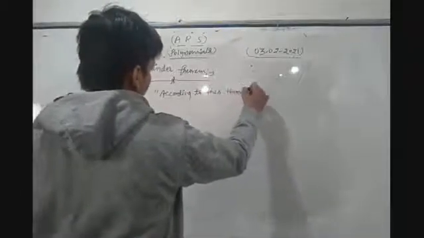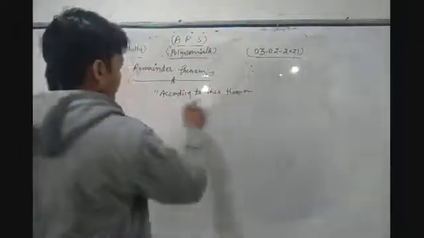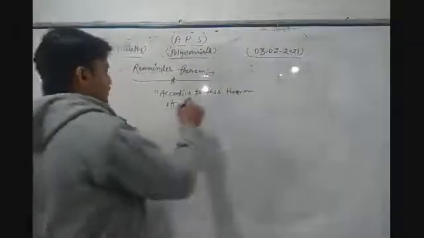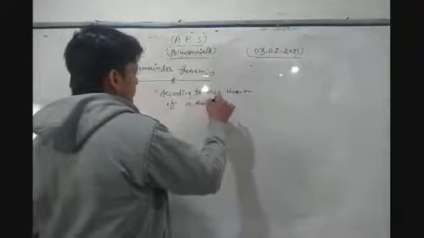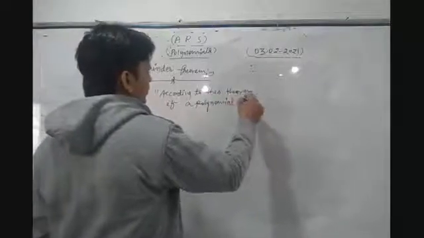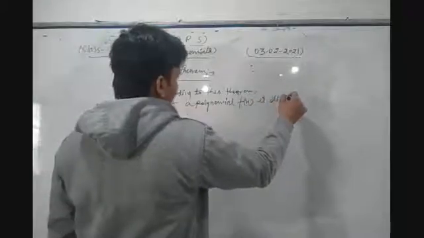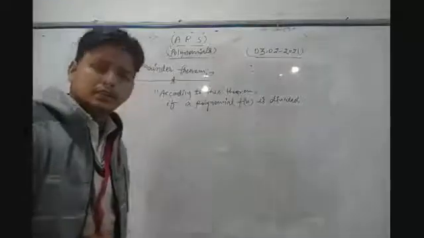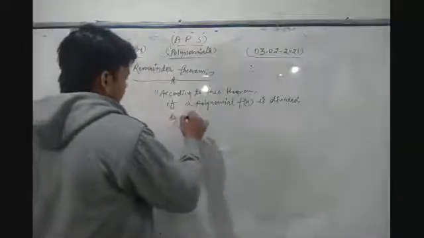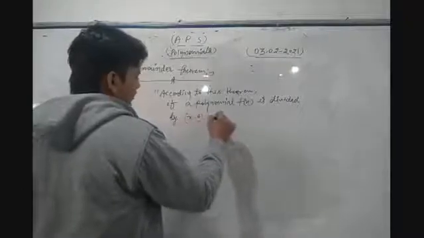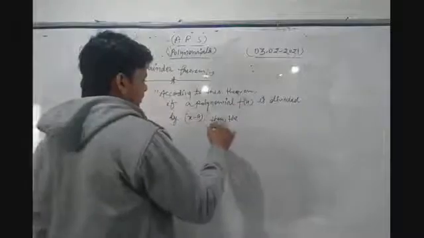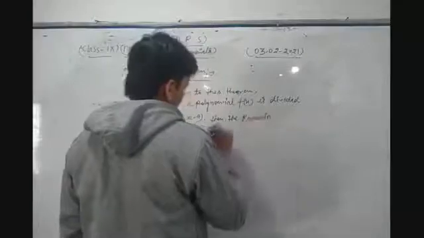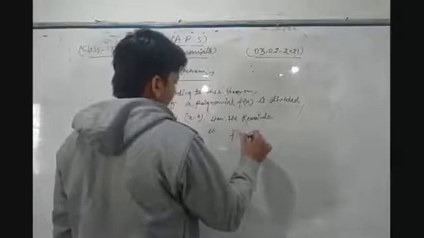According to this theorem, if a polynomial f of x is divided by x minus a, then the remainder is f of a.